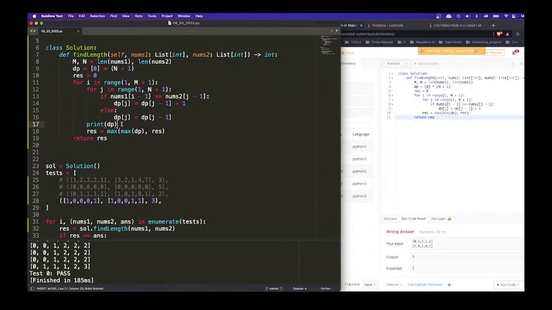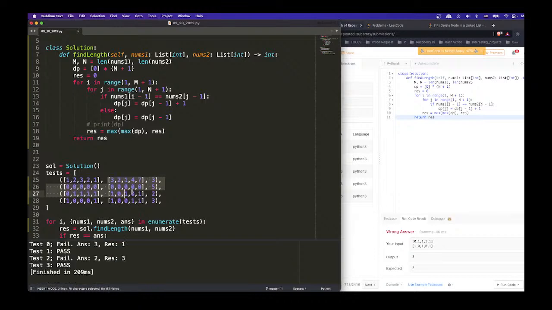Let's see. If they're not the same, then the maximum is the maximum until this point. Not ending in this, just maximum until this point. But then how can you plus 1? Then you cannot plus 1. Yeah, this is not right.